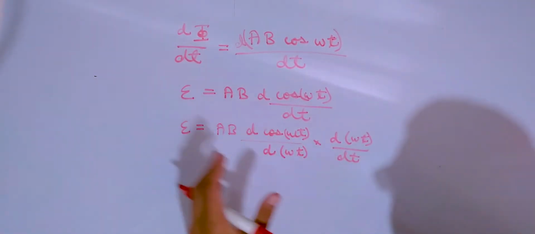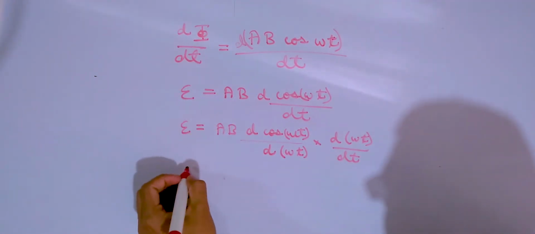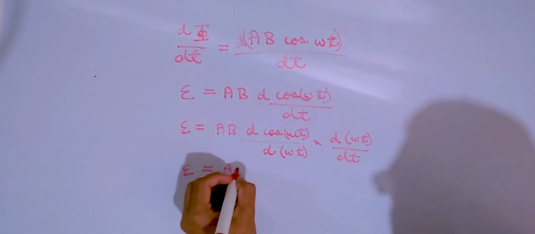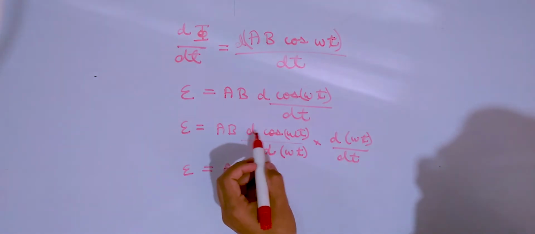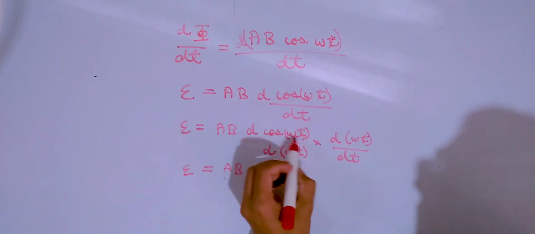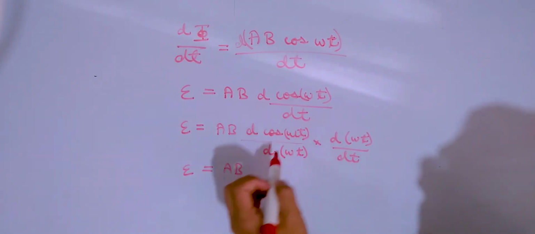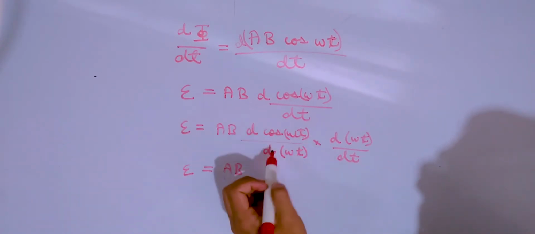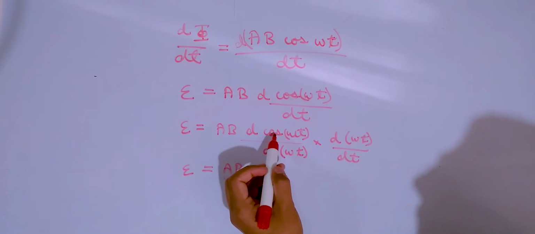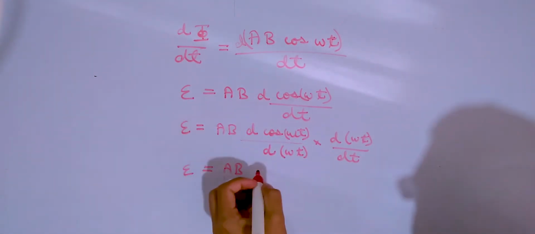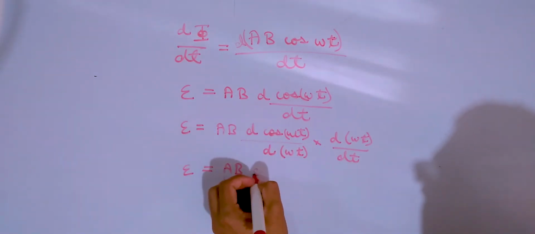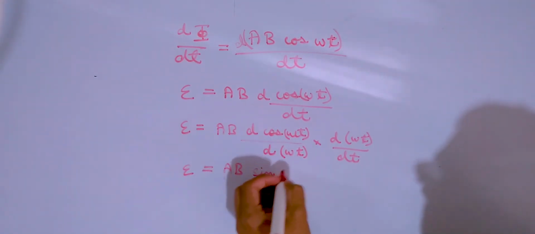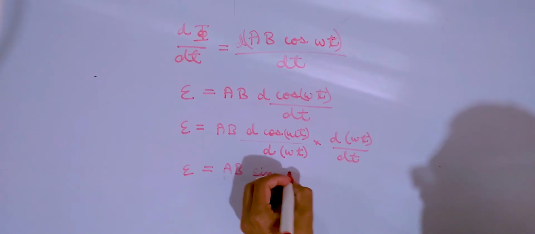And now this makes my calculations easier. What I get is the rate of change of cos omega t, so d cos something upon d that something, so I can also call that d cos x upon dx. That is nothing but the derivative of cos, which is sine. So I get sine of whatever that thing was, and that was omega t.